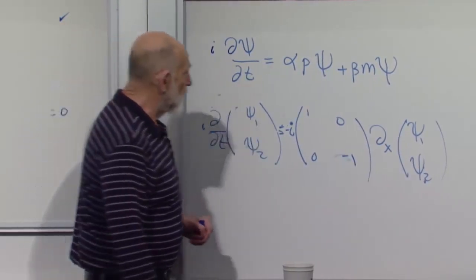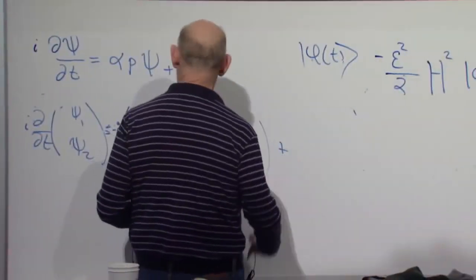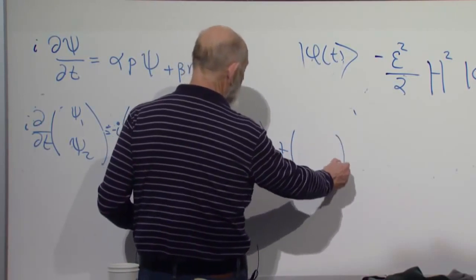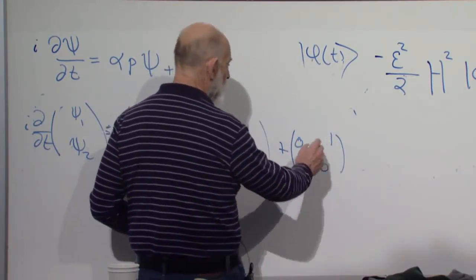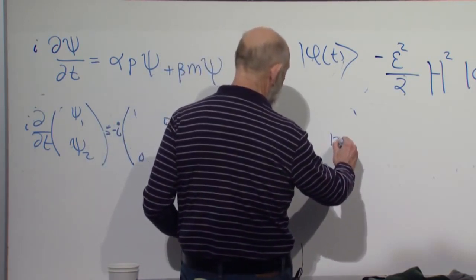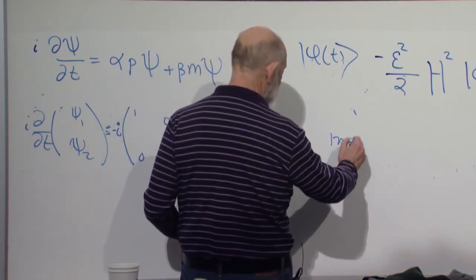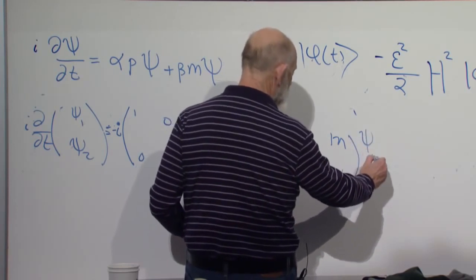But then we have beta, and so let's add plus beta, and beta is 0, 1, 1, 0. We have to multiply it by m, so let's put the m right in here. Psi 1, psi 2.